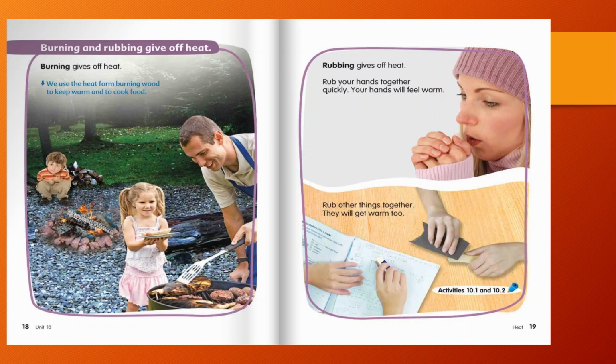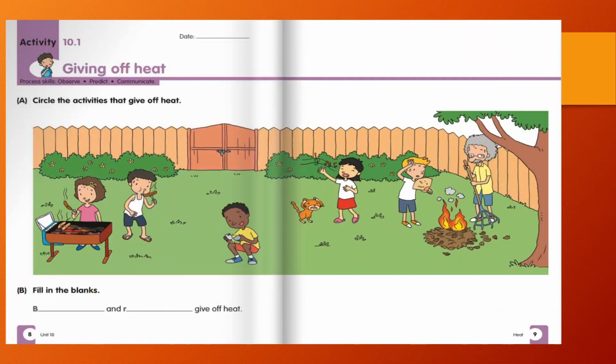So now we're going to check the activity book on pages 8 and 9. So here you have give off heat. Circle the activities that give off heat. So if you look at this picture, you have to circle what can produce heat, what gives off heat.